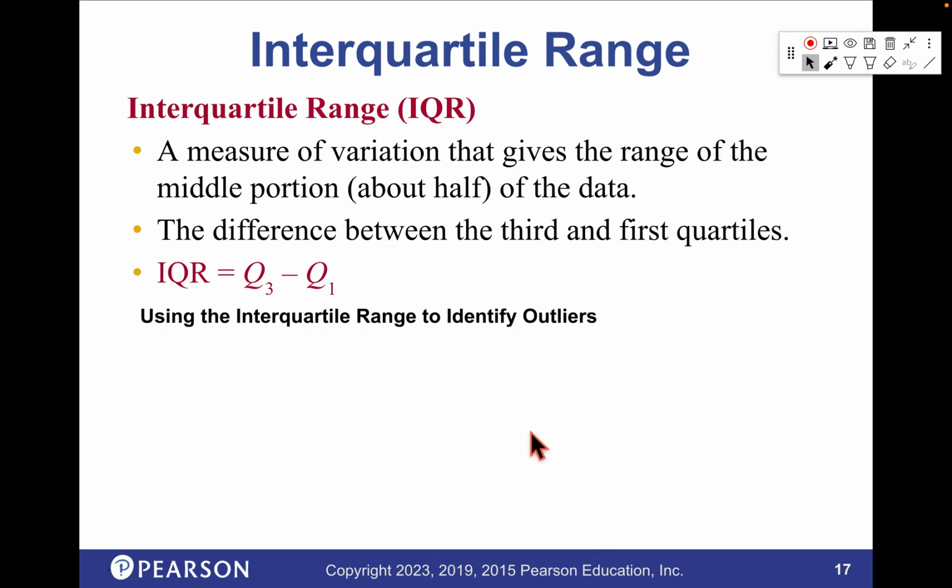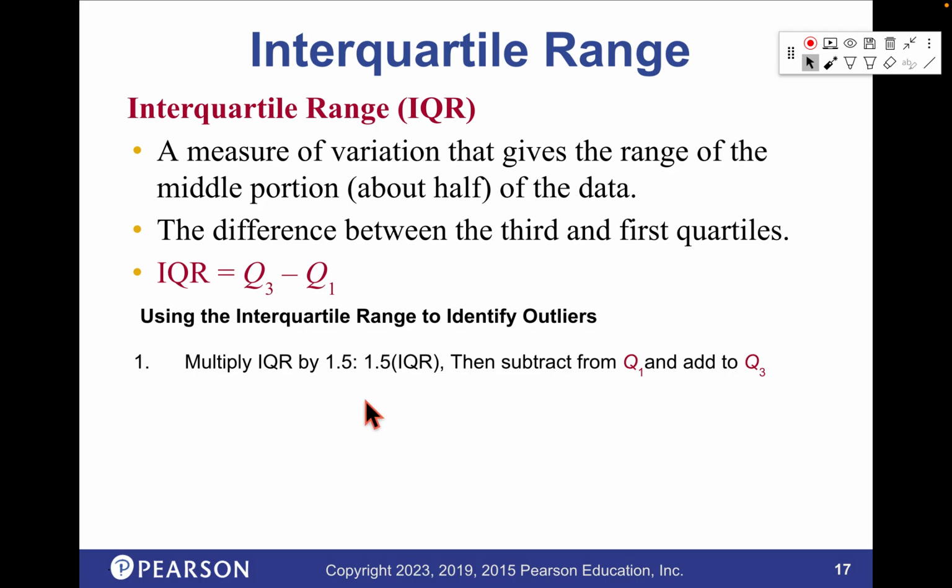And there's an official definition of what an outlier is. Remember, an outlier is a piece of data that's out there. That's why we call it an outlier. The definition is 1.5 times the size of that box. Interquartile range is big fancy words for the box.